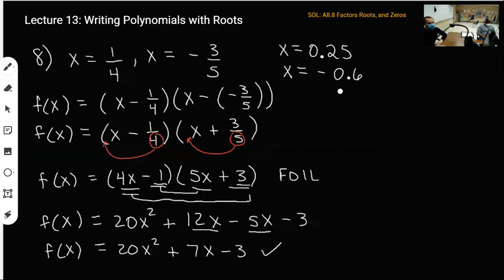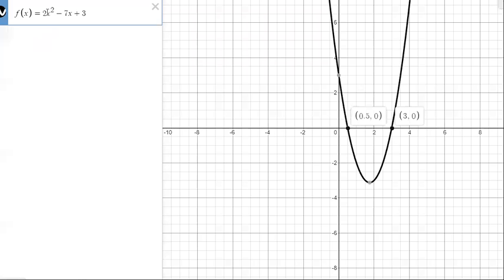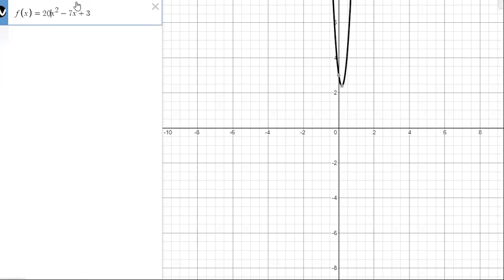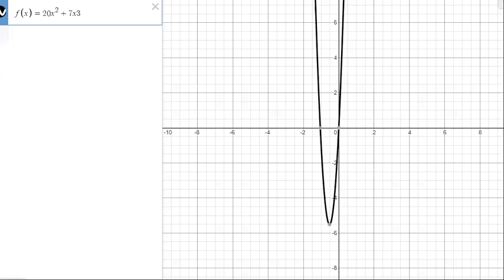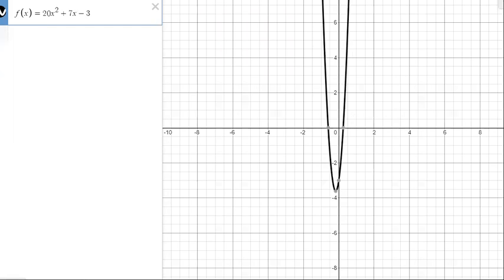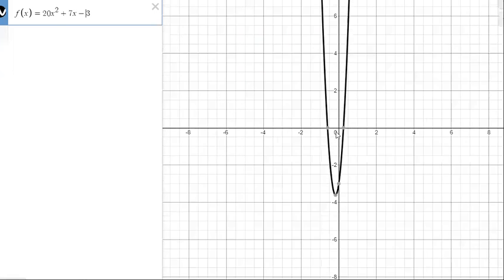So let's see what we get. I've got to graph 20x squared plus 7x minus 3. So 20x squared, I think that was plus 7x, and a minus 3. Yeah, there we go. Okay, so when we graph this, we get this very skinny graph, okay? So I'm going to have to zoom in to see where it crosses.